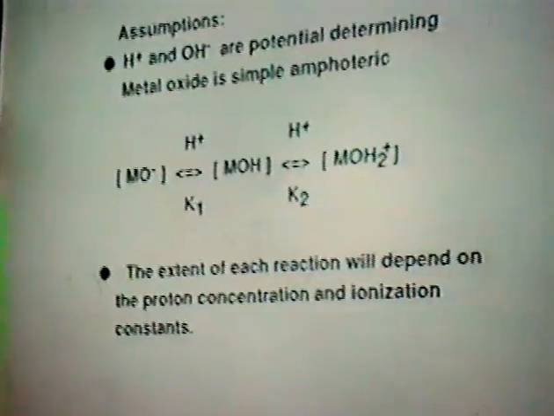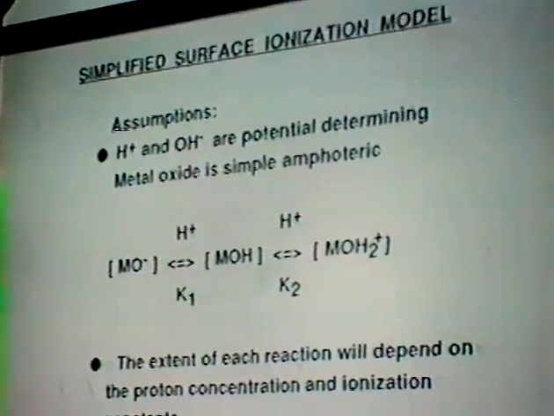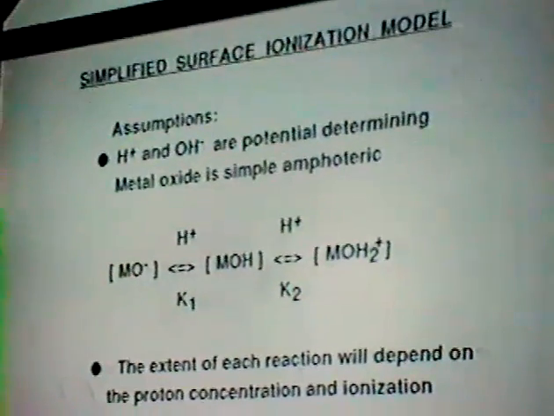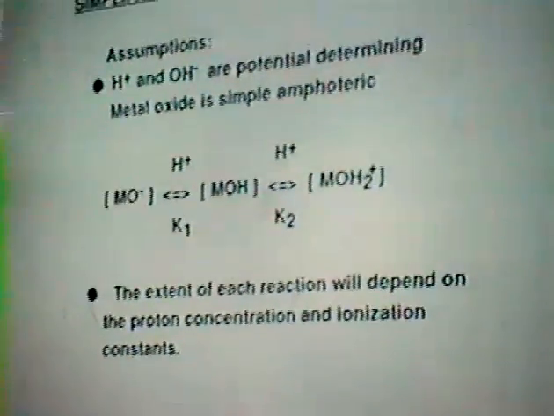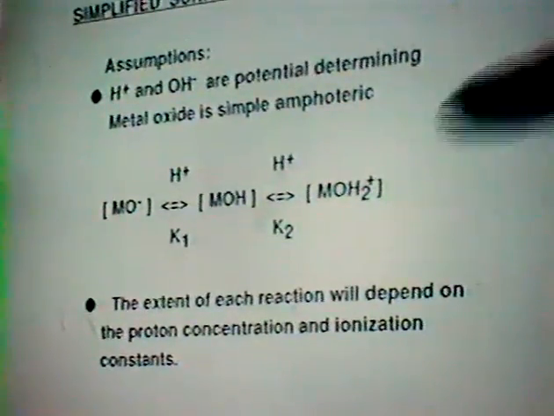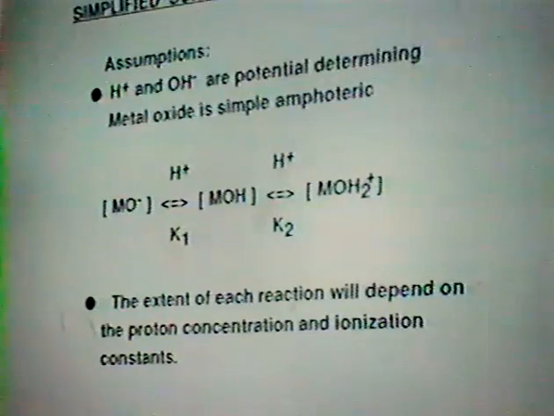What I'd like to consider is a simplified surface ionization model in which I assume a single, simple amphoteric hydroxide site on my oxide surface, which can either be protonated or deprotonated, controlled by the dissociation constants K1 and K2. H plus and OH minus are the potential-determining ions in the system.